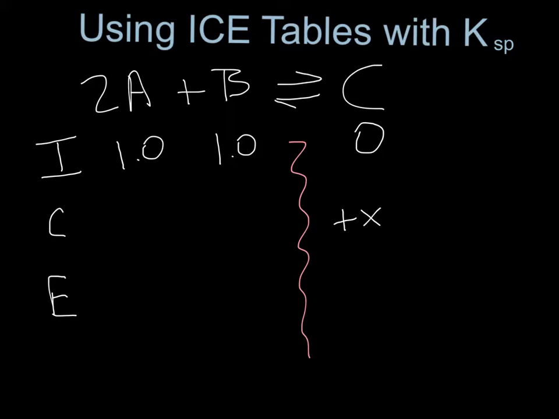If C is increasing by X, B will decrease by X. And if we look at the mole ratios here, for every B that I use, I'll use up 2 A's. So A will decrease by 2X.